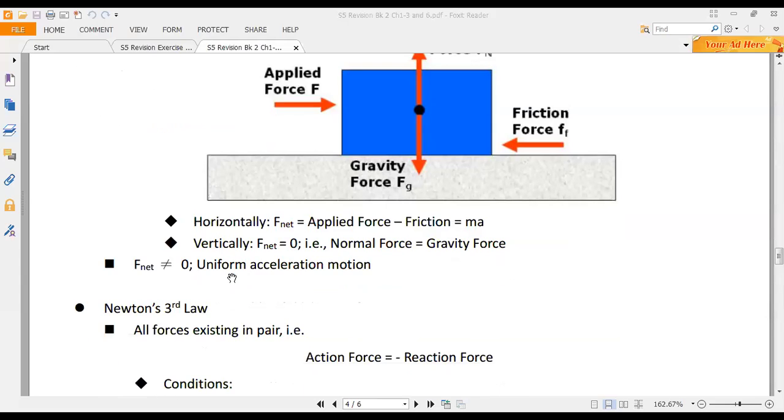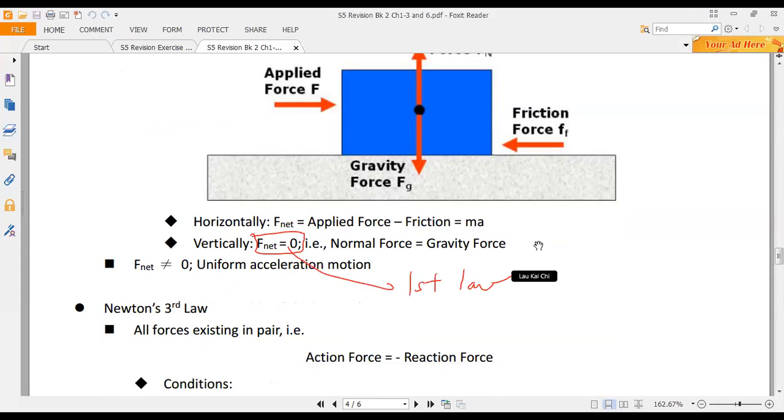Let's continue. Oh, what happened? I pressed the wrong button. Now, if net force is not zero, there will be acceleration. But if net force is equal to zero, it's just like uniform velocity motion. This is referred to the case of Newton's first law.